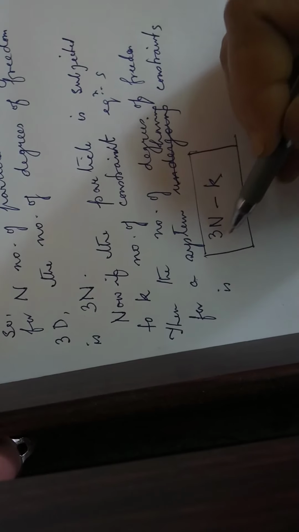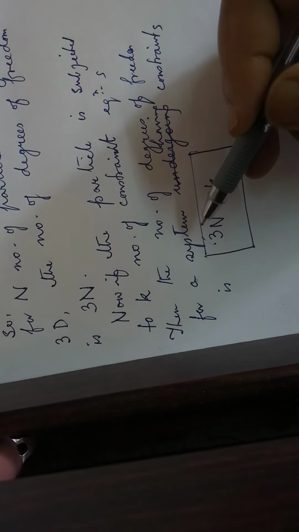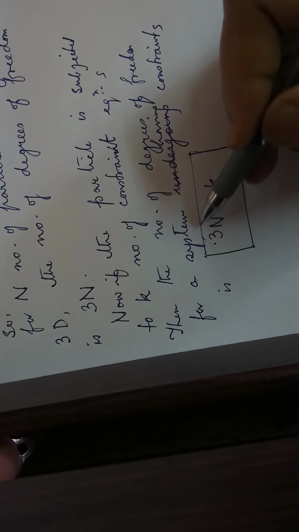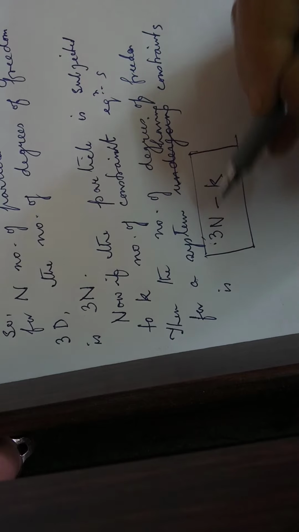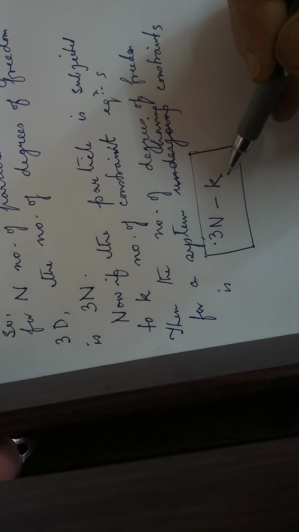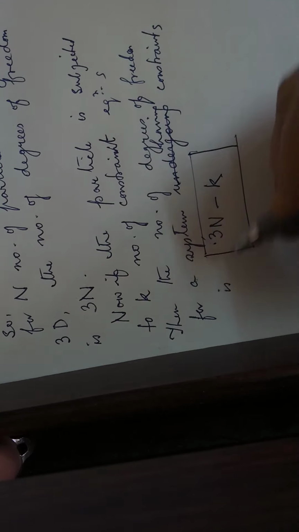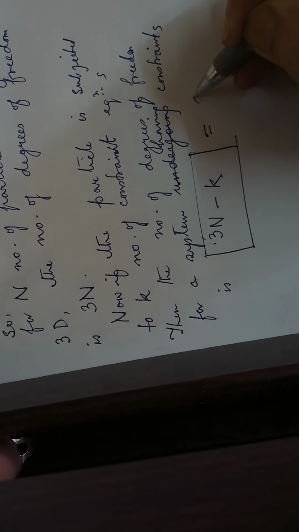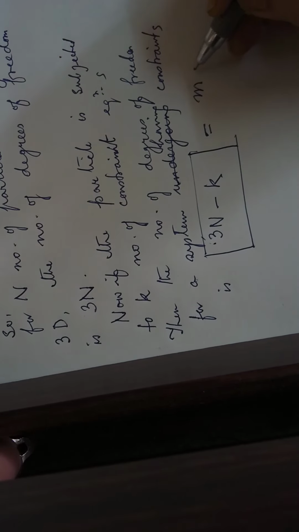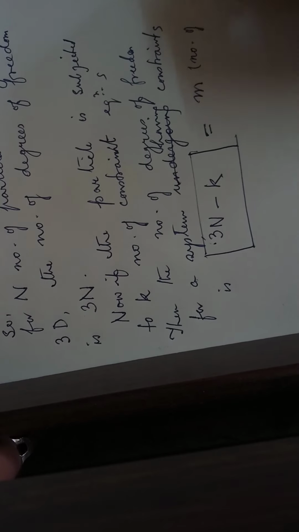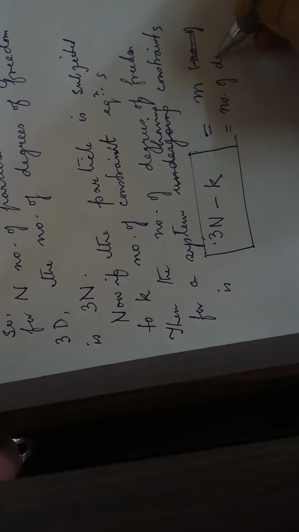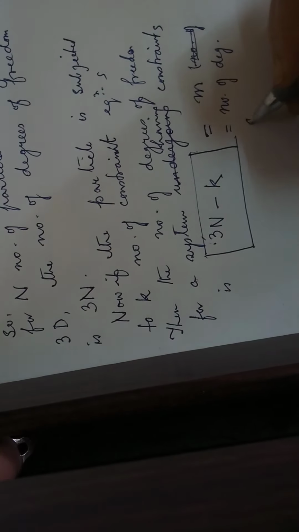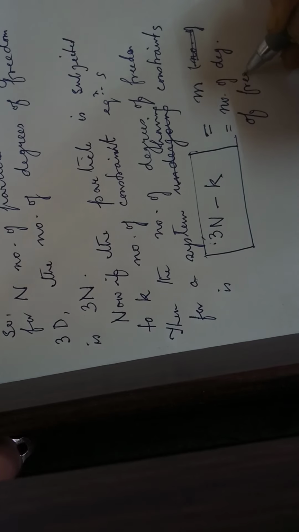So for a system moving in 3 dimensions without any constraint, you have 3n degrees of freedom. If on the same system we introduce k number of constraints, now the number of degrees of freedom, we call this m, is 3n minus k.